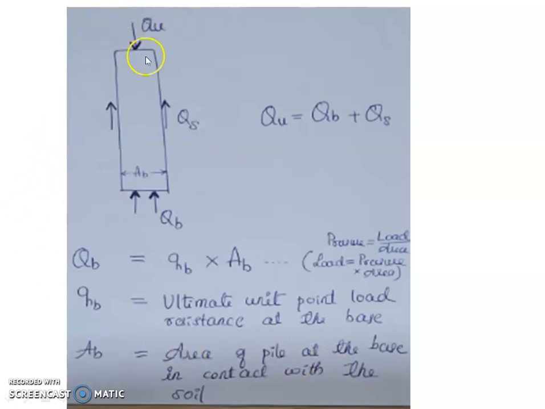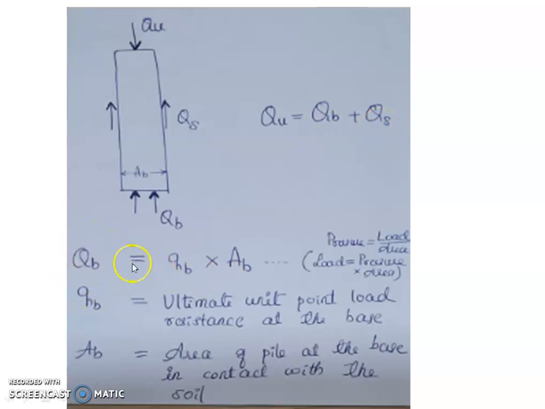So that is what can be seen here from the figure. Qu, that is load acting on the pile, is taken care of by load at the base and load due to skin friction. So we write Qu, which is acting downwards, which is the action, is equal to reaction by Qb and Qs. So Qu is equal to Qb plus Qs.